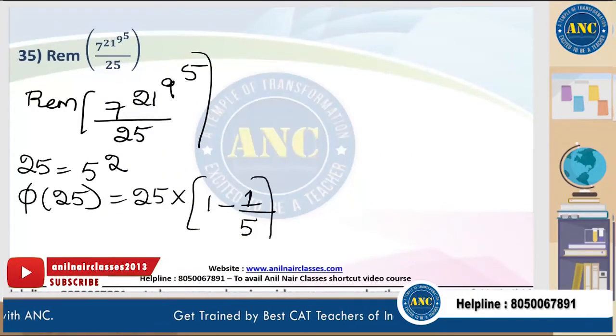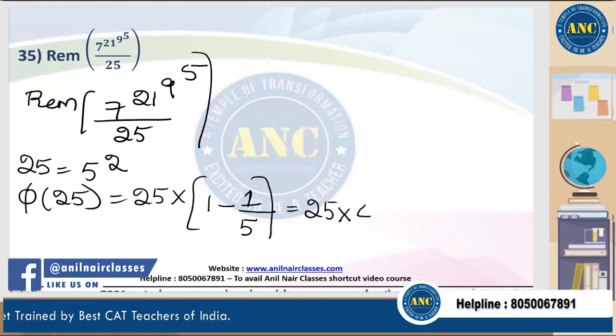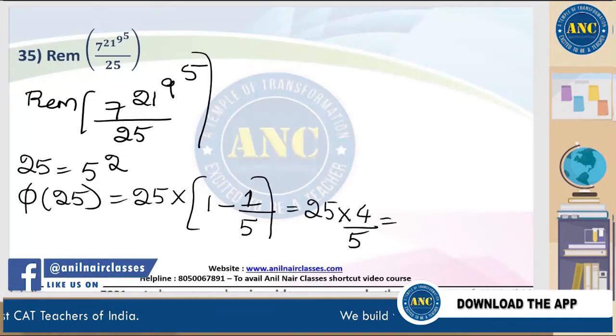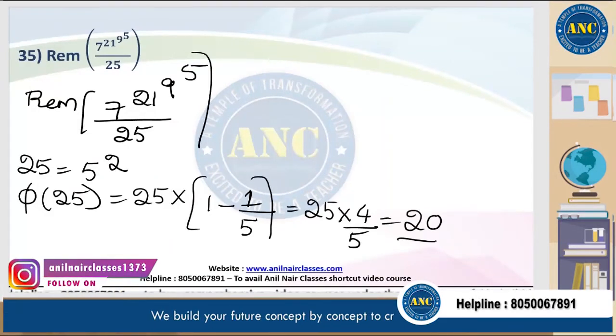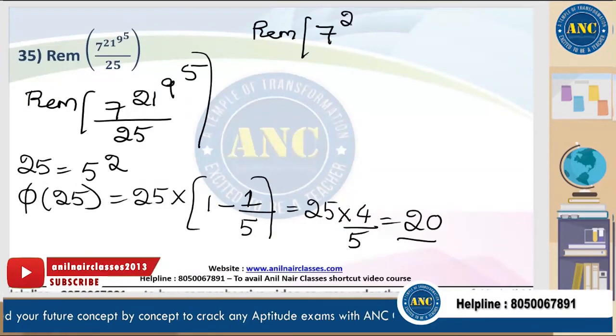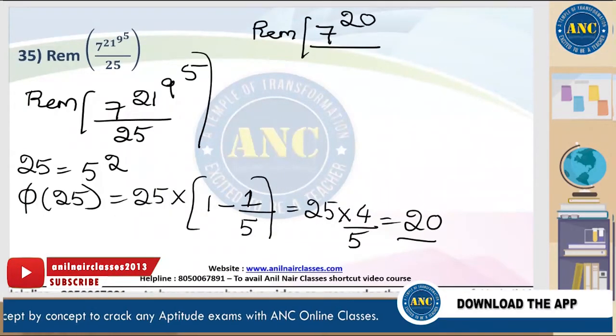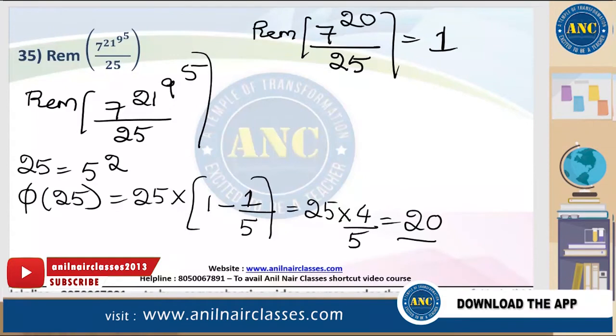So how many are not divisible? 1 minus 1 by 5. 25 into 4 by 5 is 20. So according to the concept, 7 power 20 divided by 25 will be 1 according to Euler's quotient function.